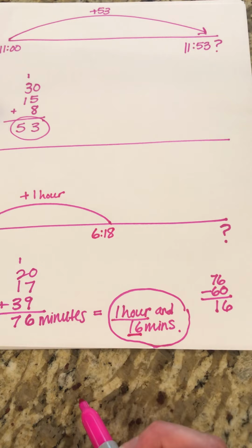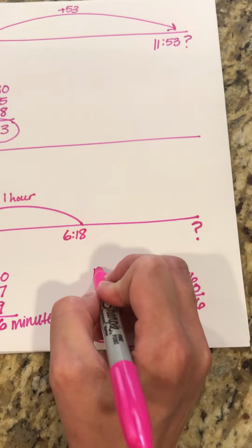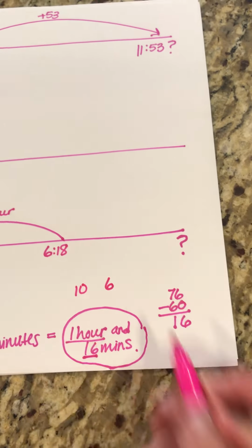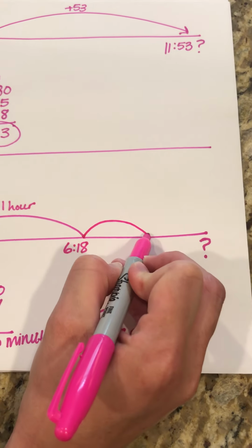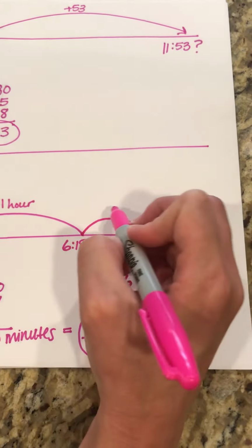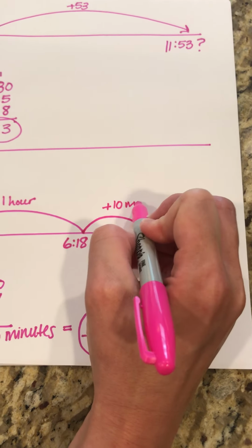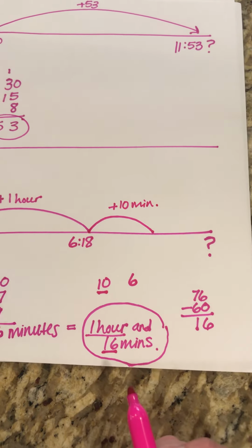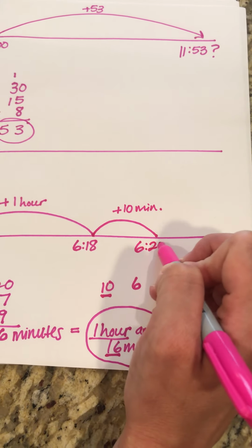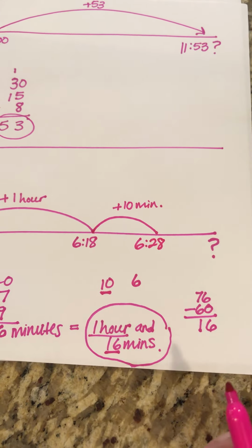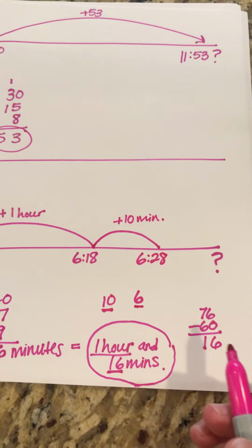I'm going to break up this 16 minutes into a 10-minute interval and a 6-minute interval. So from 6:18, if I do a small jump of the 10 minutes, 6:18 plus 10 minutes is going to be 6:28.